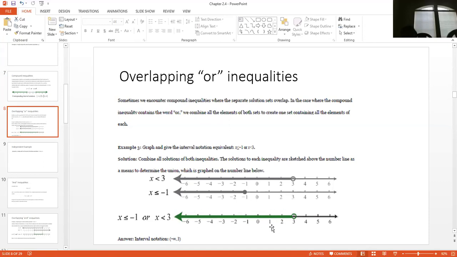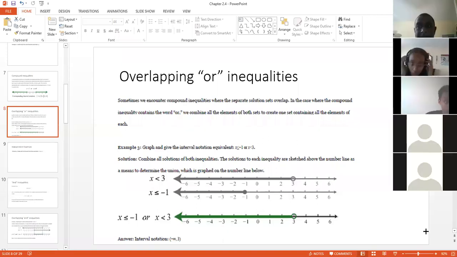There's no reason to separate them like this. So this is a union of the or inequalities. Does this make sense? Good. Thumbs up. Whenever you have overlapping inequalities, you just combine them like so.